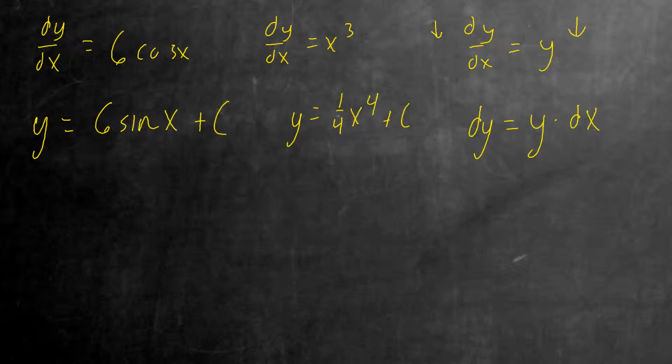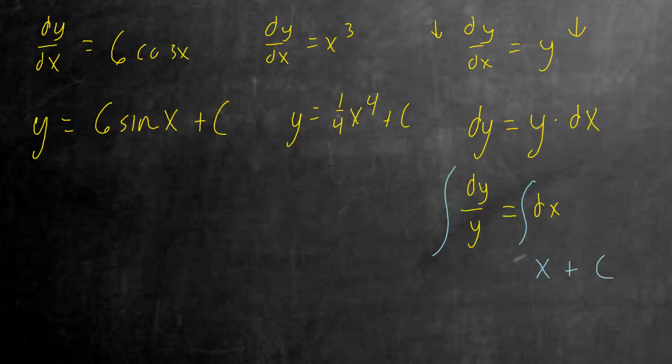How am I going to get this y over to the other side? I'm going to divide it. So I'm going to have dy over y equals dx. Now that I've separated the variables, now I'm going to integrate both sides. Now it should make sense over on this side to integrate 1 times dx. That integral is just going to be x.